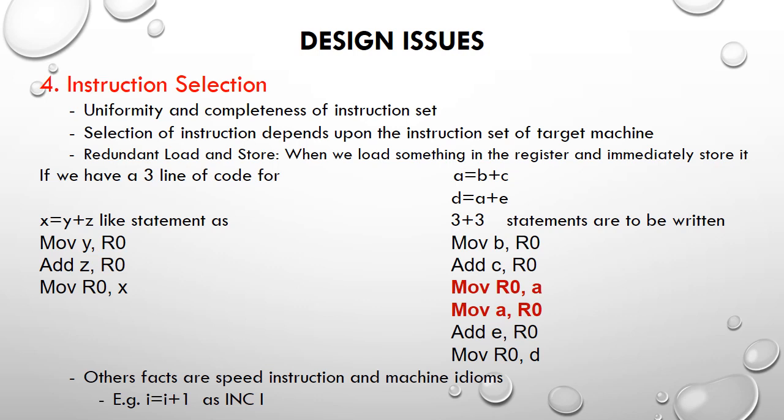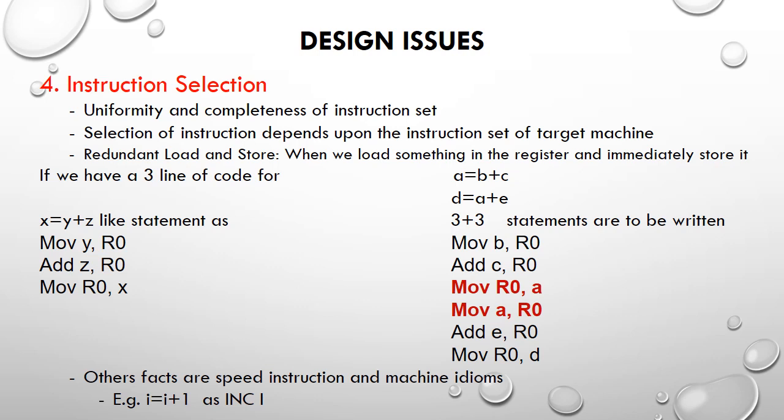So move r0 x, the value of r0 has been transferred to the memory location x. So if we have an instruction of type x equals y plus z, we require 3 assembly language statements. Now on the right hand side you see that we have 2 statements, a equals b plus c and d equals a plus e. The rule says that for anything like x equals y plus z, we have to write 3 statements. So for these 2 statements we will be writing 3 plus 3, 6 statements in total. The 6 statements are moving the content of b to the r0 register, then adding the content of c to the content of r0.